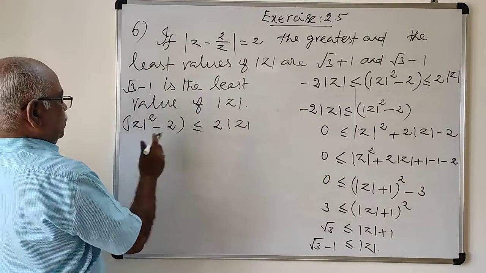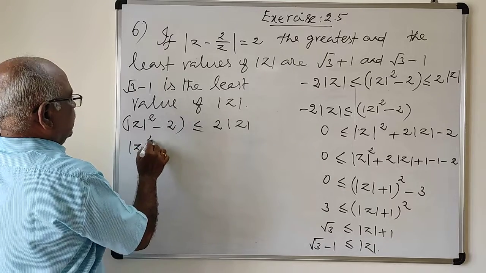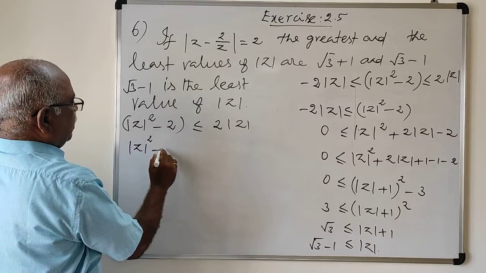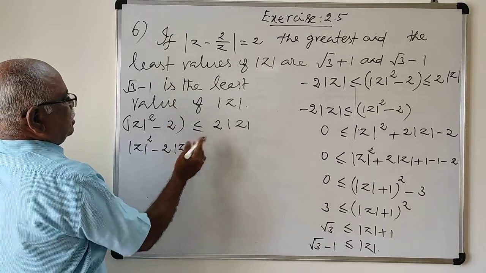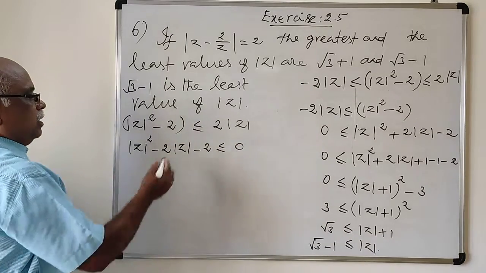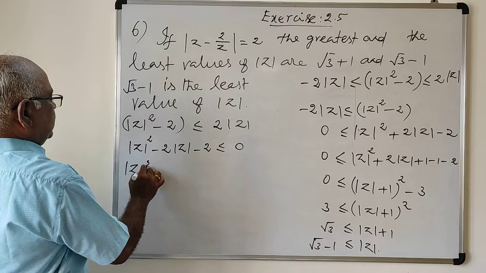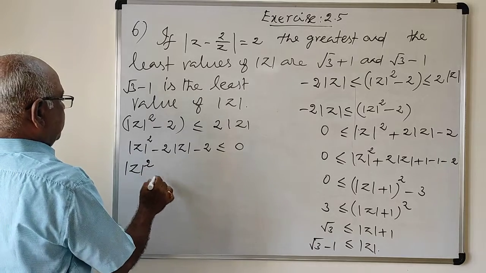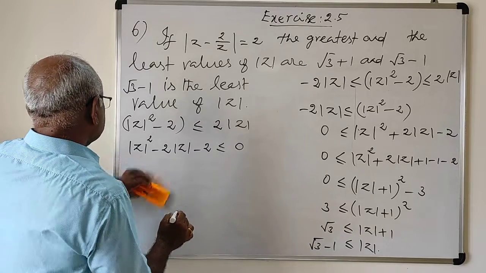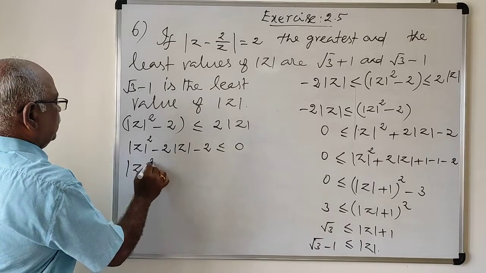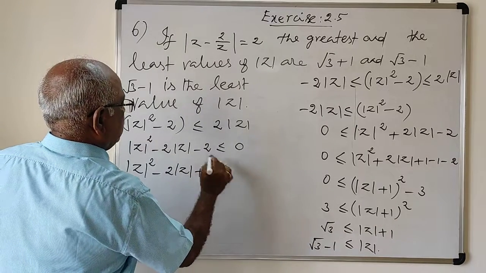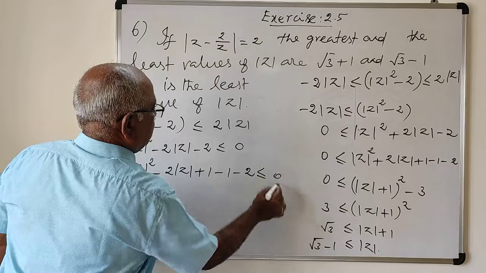Mod z square minus 2, you bring this 2 into mod z to the left hand side, it becomes mod z square minus 2 into mod z minus 2, which is less than or equal to 0. Similarly, as in the previous case, you add 1 and subtract 1, and minus 2 is already here.